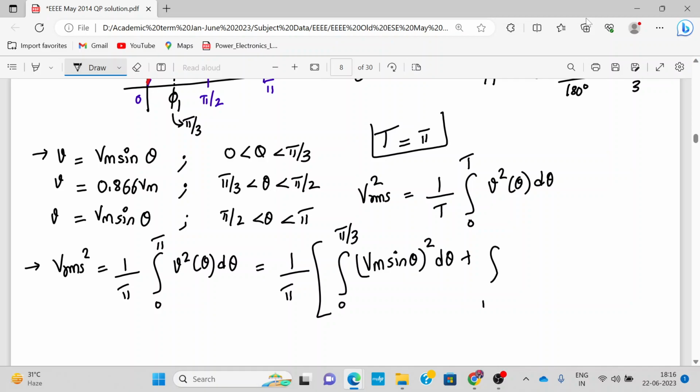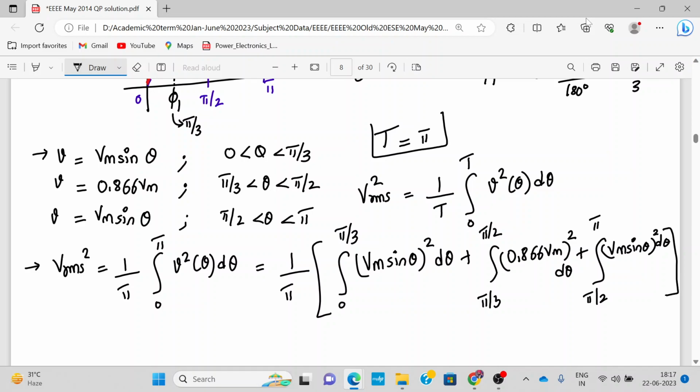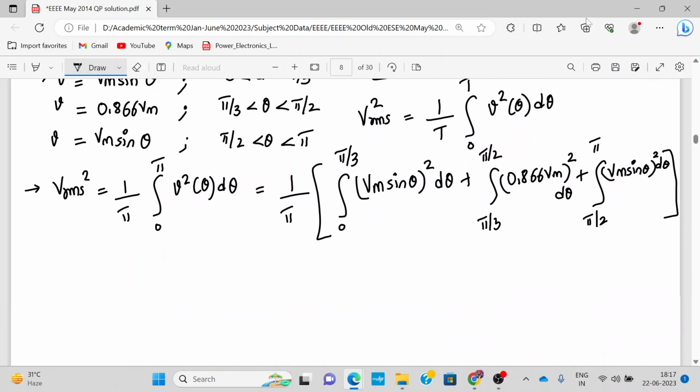Then we have pi by 3 to pi by 2, 0.866 Vm square, then d theta. Then we have pi by 2 to pi, Vm sin theta square d theta, the whole bracket, 1 upon pi. So that is what we have to solve.